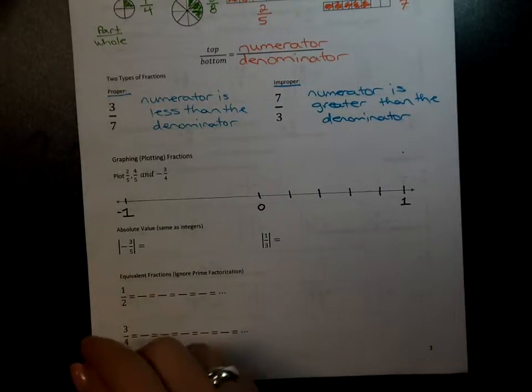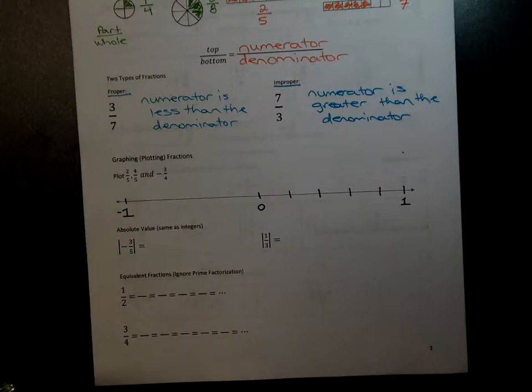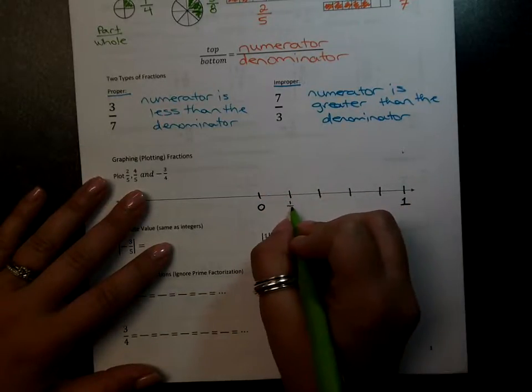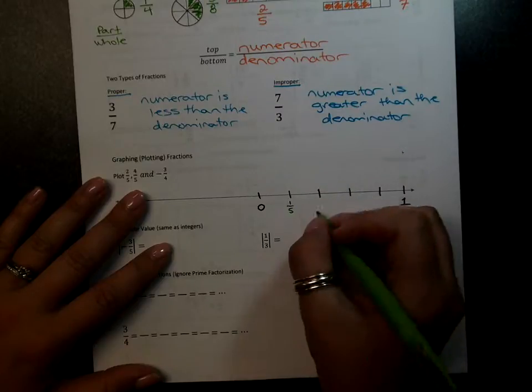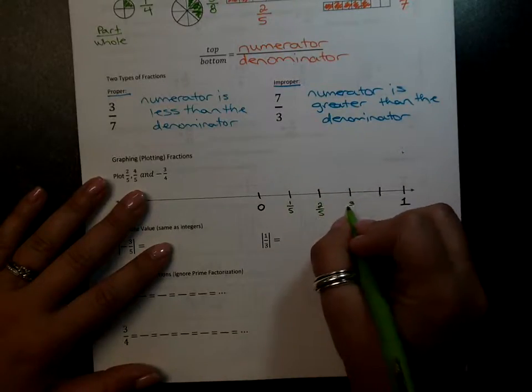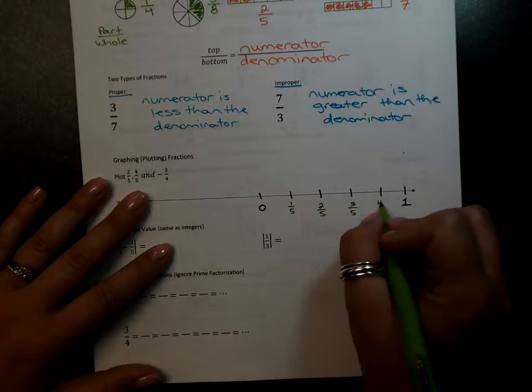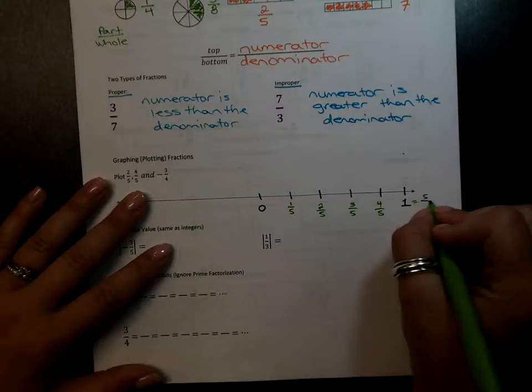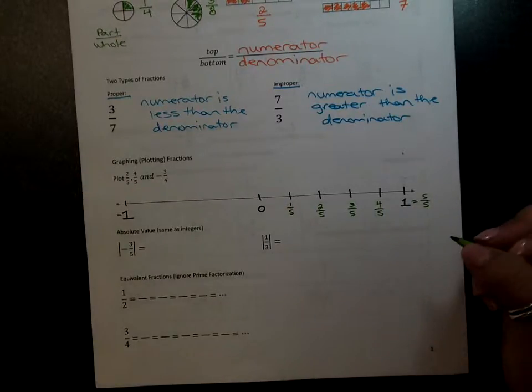And so 2 out of 5 would go from 0, 1, so this is 1 out of 5, 2, this would be 2 out of 5. The next mark would be 3 out of 5, 4 out of 5, and +1 is 5 out of 5.